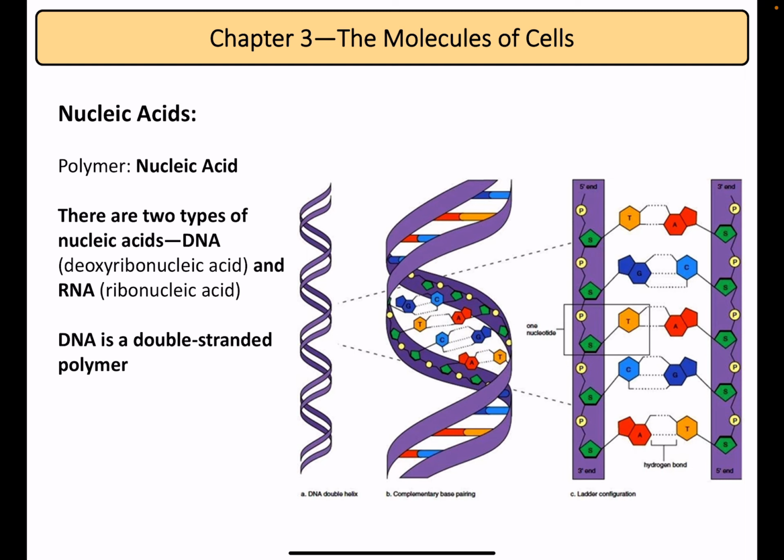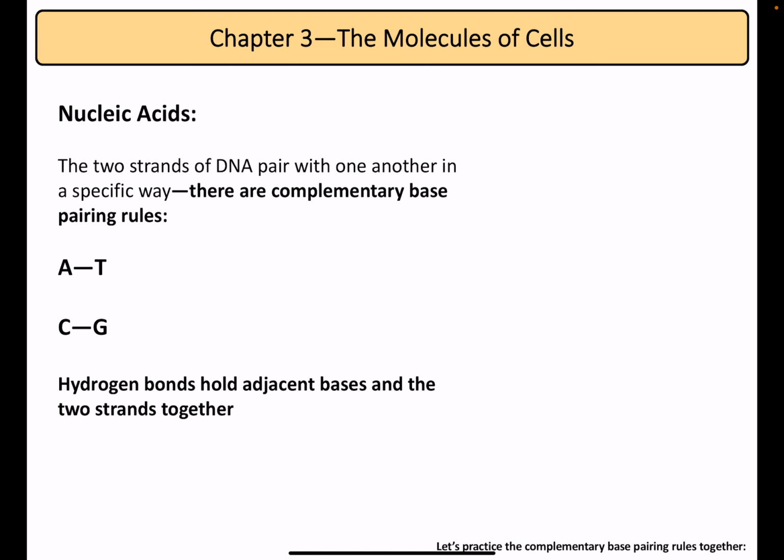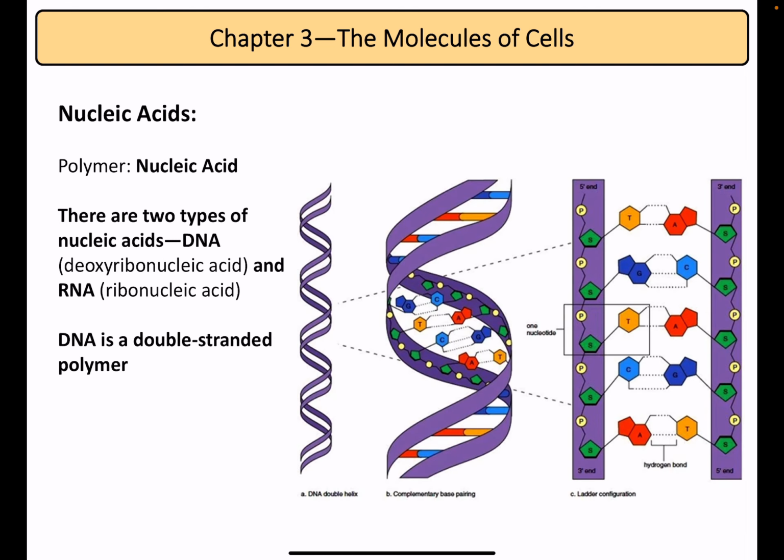And this is very important. We call it the complementary base pairing rules. So if you look at one strand of DNA, and let's say you see a T, that means on the other side, the other sister strand, you're always going to see an A.